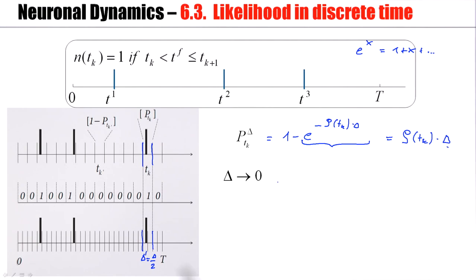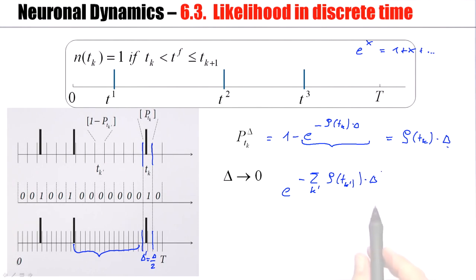Now, all the survival terms that I have for the silent periods have the form e to the minus sum over k prime of rho of t_k prime times delta.